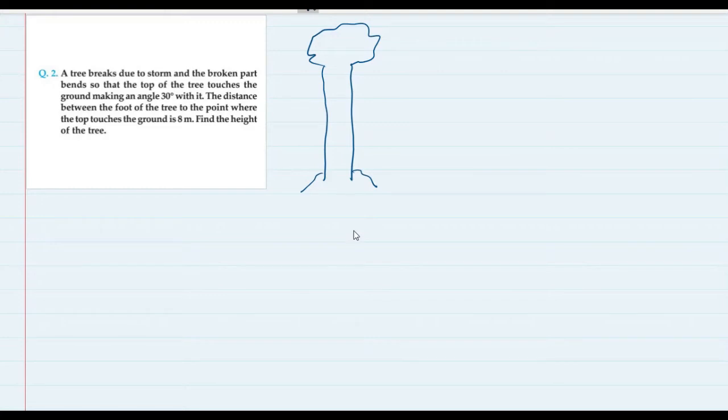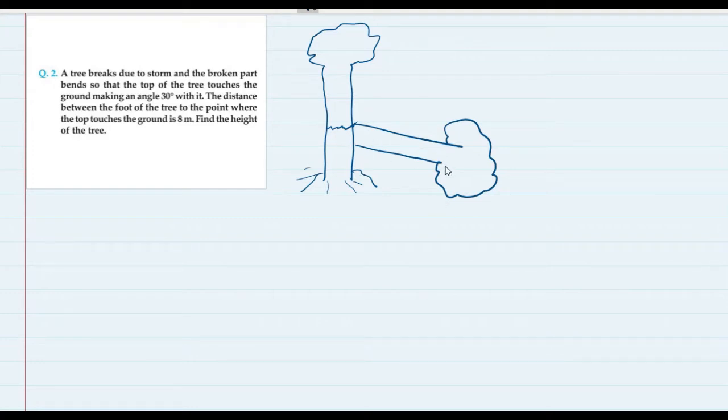Okay, and this tree has been broken. ये ट्री टूट गया. कहाँ से टूटा? सपोज यहाँ से टूट गया और ये टूट के नीचे गिर गया. तो नीचे गिरेगा तो वी हैव टू मेक इट समथिंग लाइक दिस.